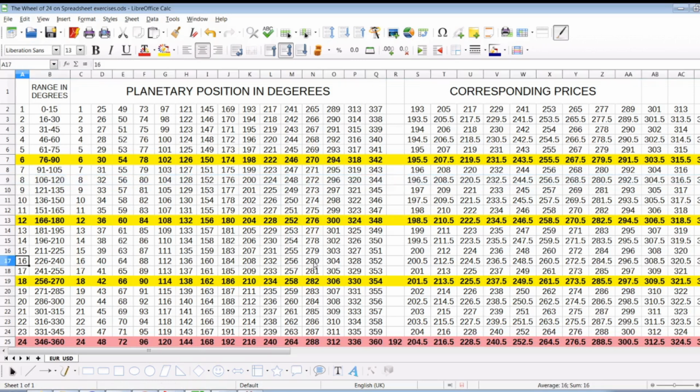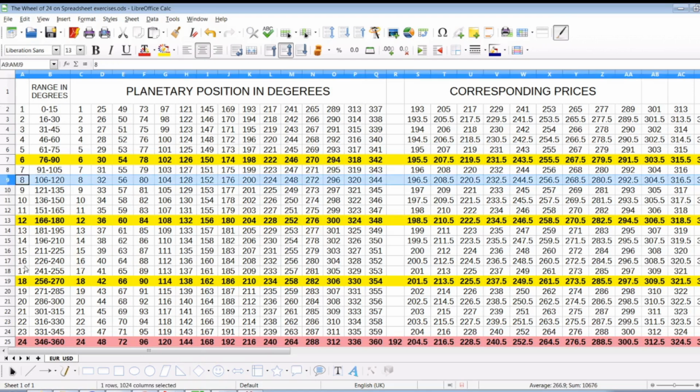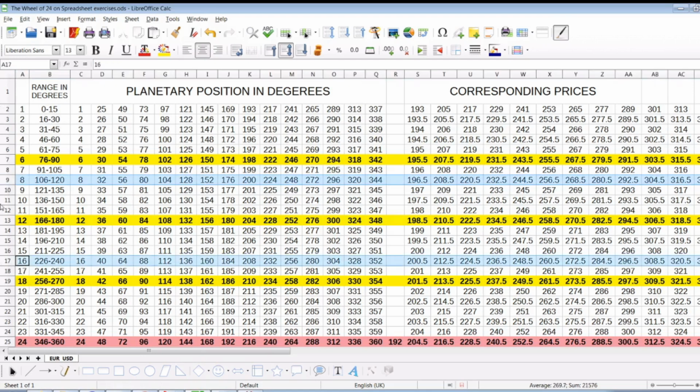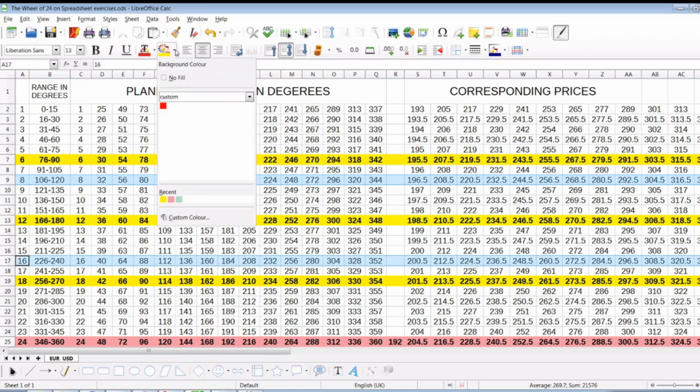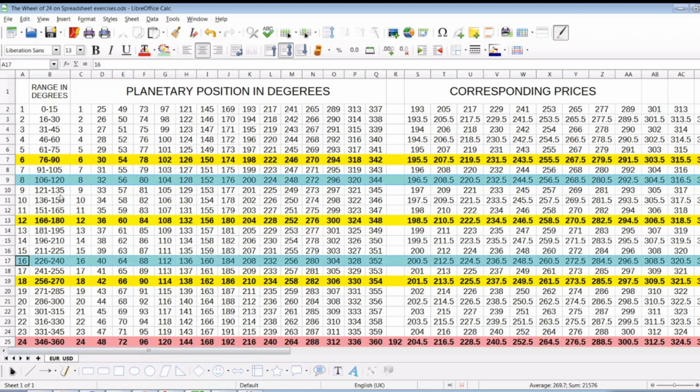Here is 240 degrees. Is it? Yes, it is. 240, 120. So these lines would be marked. Let me show you. So this one and this one we can mark as well as the lines of trines.